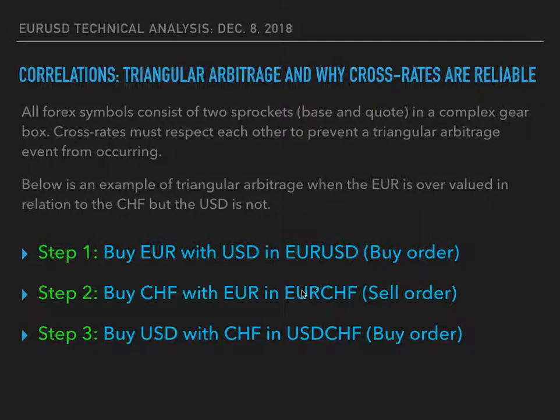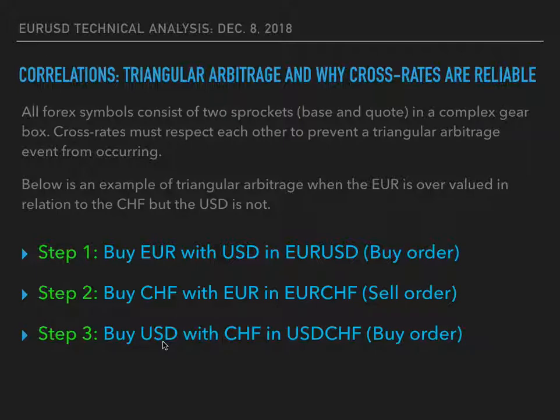using the euro US, euro franc, and the US franc, you can take advantage of a triangular arbitrage opportunity where you would buy euros, use those euros to buy francs, and use those francs to convert back to the US dollar, your account's base currency.